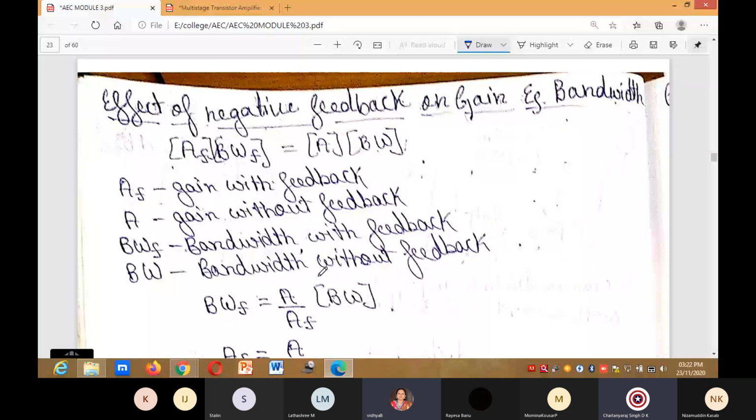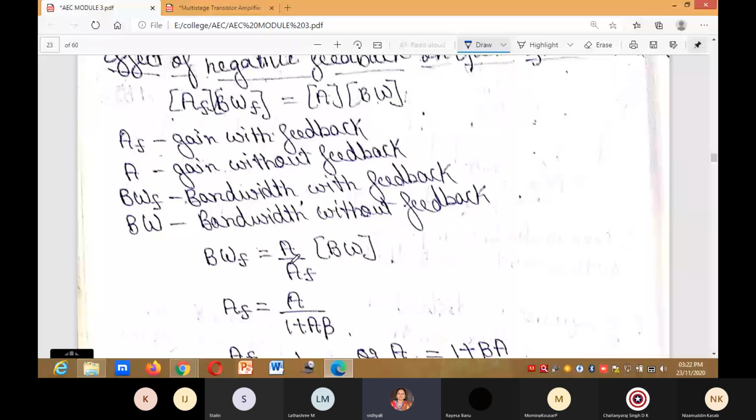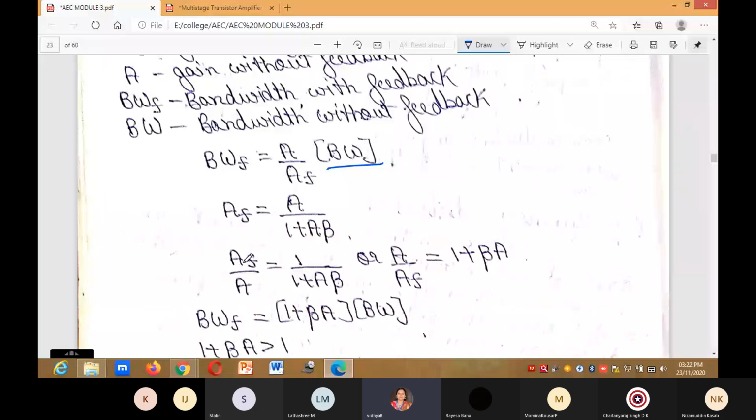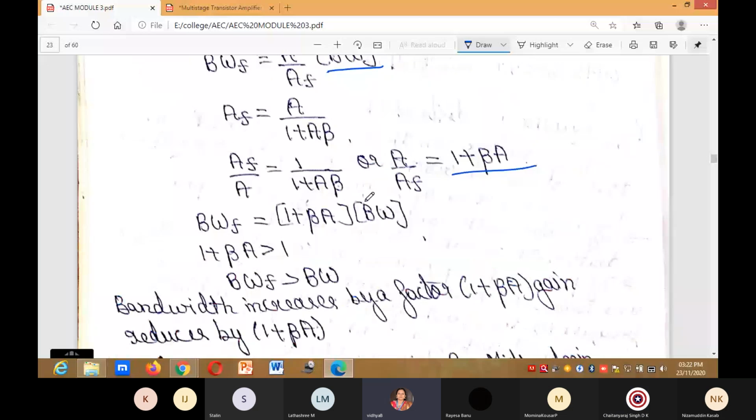BWF is equal to A divided by AF into BW. AF is equal to A divided by 1 plus beta A. This is plus for negative feedback and minus for positive feedback. A divided by AF is equal to 1 plus beta A. We know the value of A divided by AF, substitute, so you will get BWF is equal to 1 plus beta A into BW.